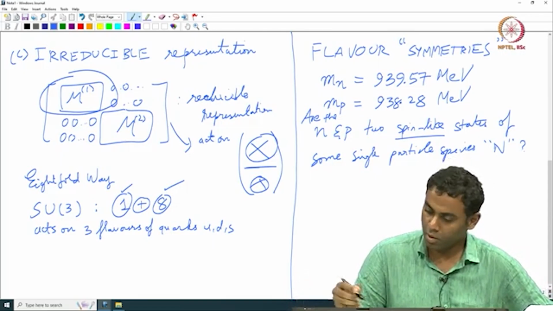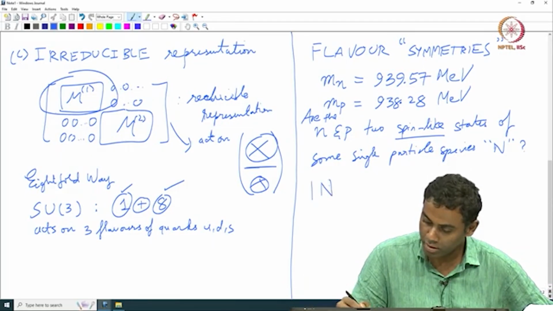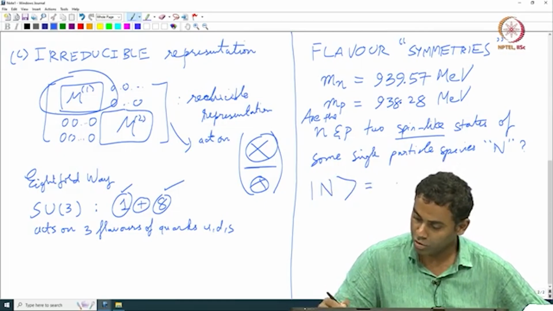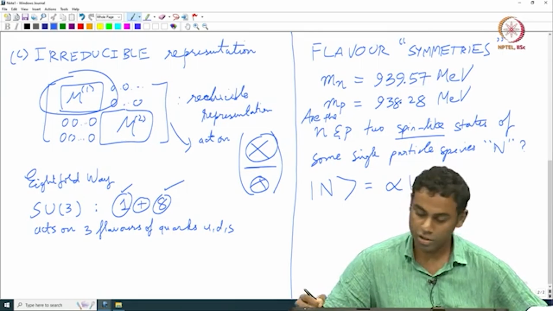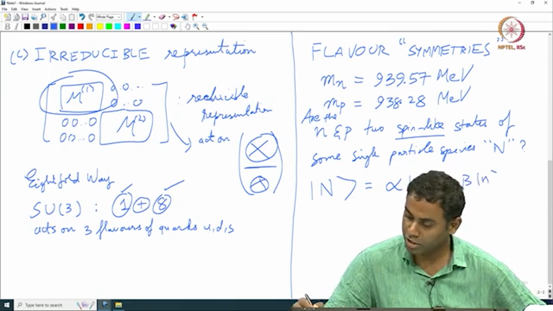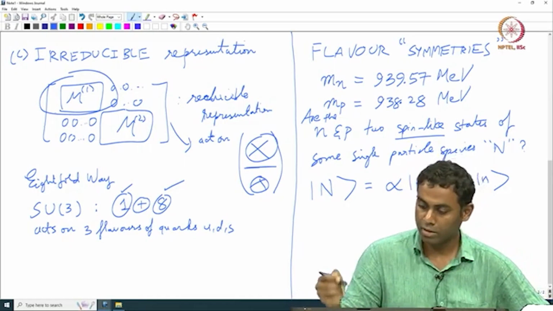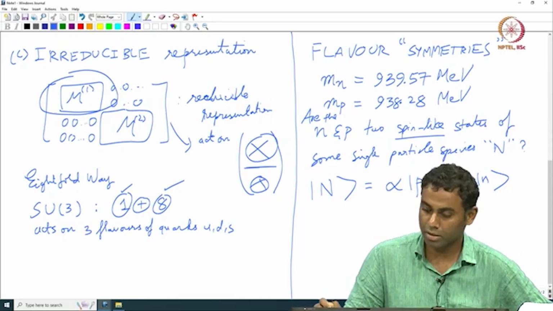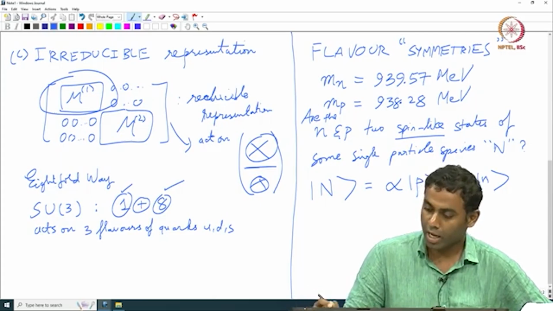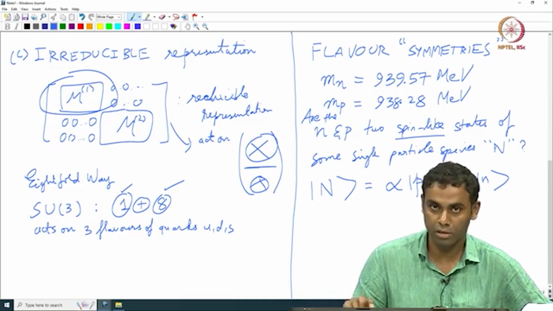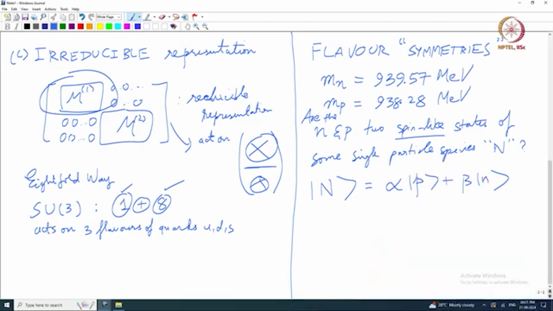In other words, he wondered whether it is possible at all to just write the proton and the neutron as some quantum superposition basically. Can you put them both on the same footing? Just like in spin, right, you would write a generic spinor as a superposition of an up and a down, right. The up and down refer to the Sz eigenstates, correct.